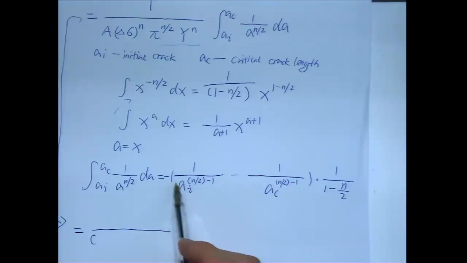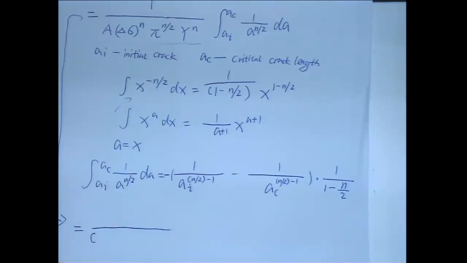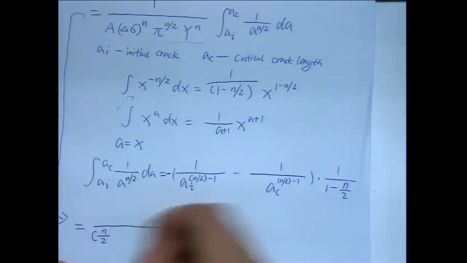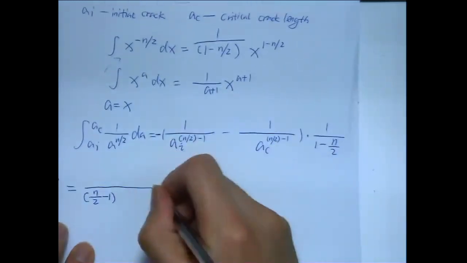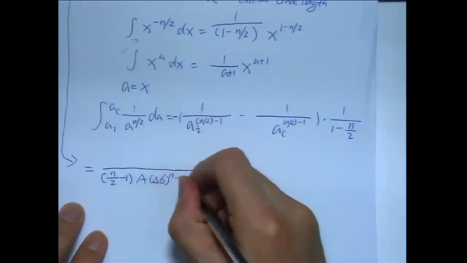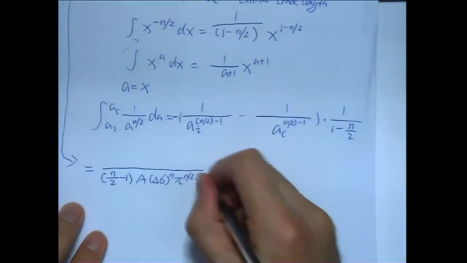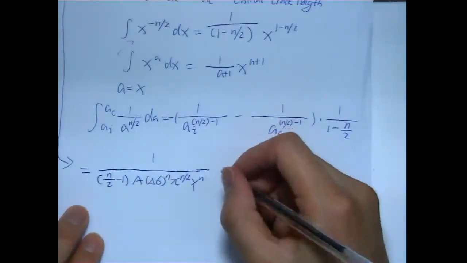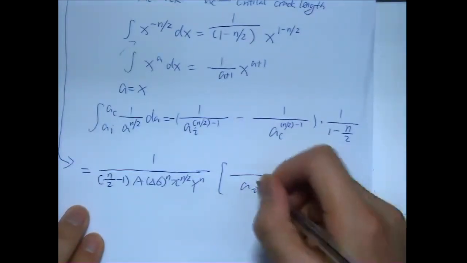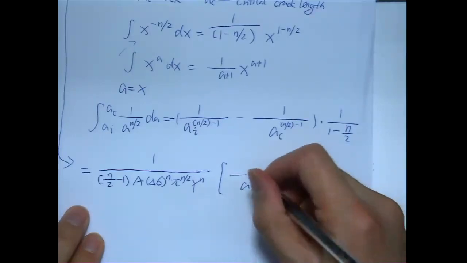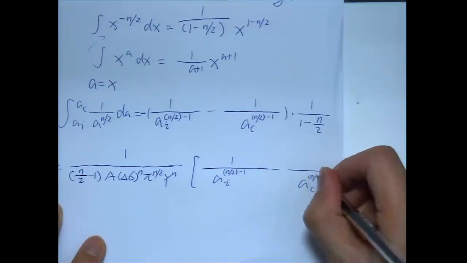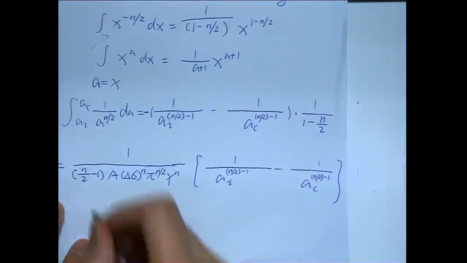Now, to make it correct, I put the negative sign in front, so that in the end you change this term and put that in front. And write all the constant terms together. In the end, this term is A I to the n over 2 minus 1, A C to the n over 2 minus 1. Okay? So that's the final answer.